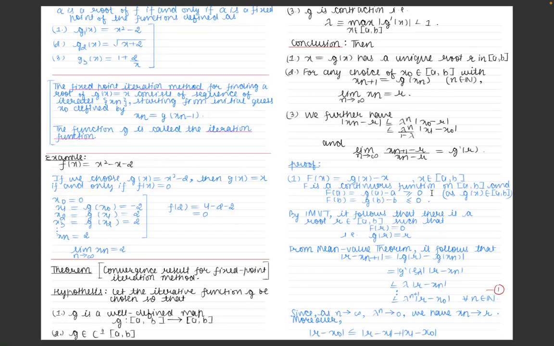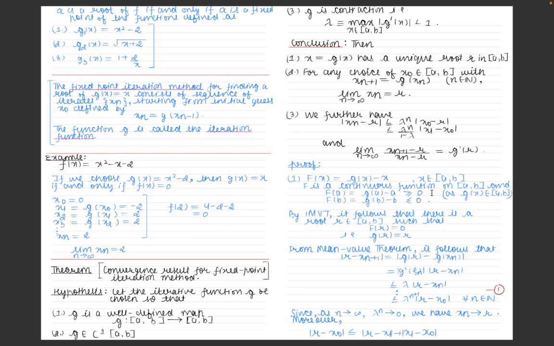Then obviously, as discussed above, g(x) equal to x if and only if f(x) is 0, right? So if we choose our x naught to be, let's say, 0, then our x1 will be g of x naught, which will be minus 2. Then our x2 will be g of x1, which will be 2, right?